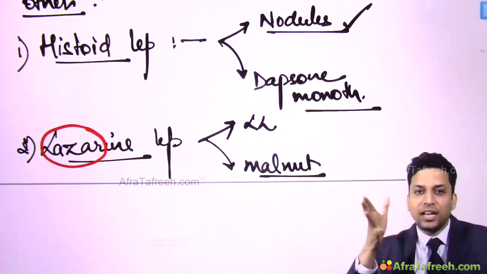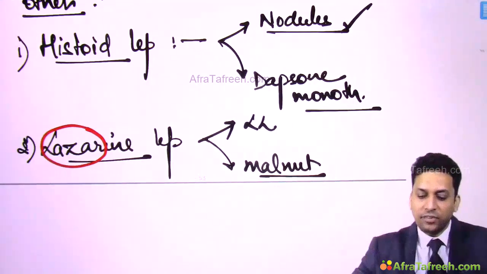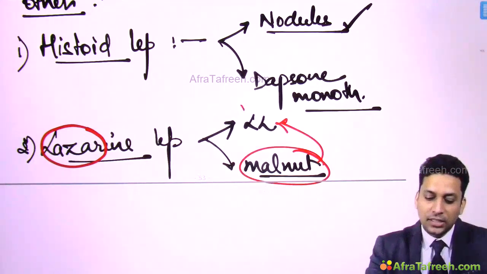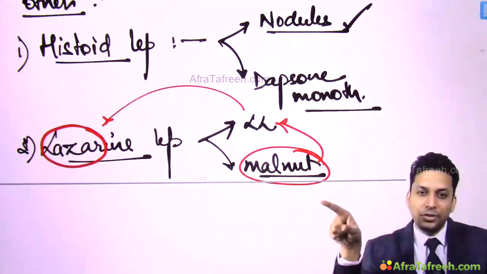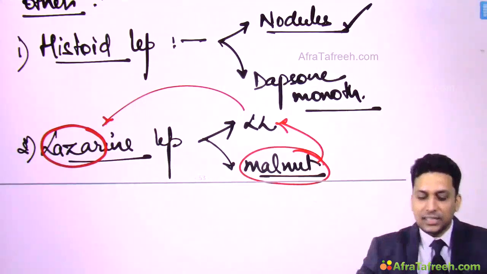Why am I telling you this? Because Lazar was a beggar, and since he was a beggar, he was not having anything to eat. So he was suffering from malnutrition, and then he developed this LL type of leprosy. Such leprosy is known as Lazarine leprosy. So remember, Lazar, beggar, malnutrition. If such leprosy develops in a malnourished individual, this is known as Lazarine leprosy.